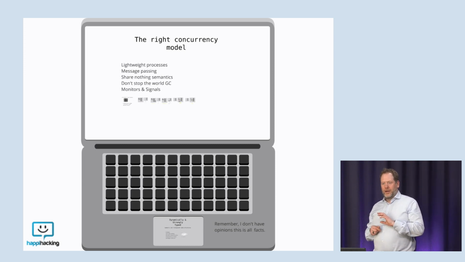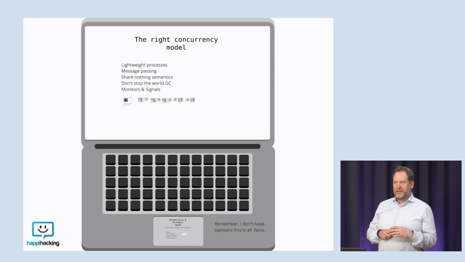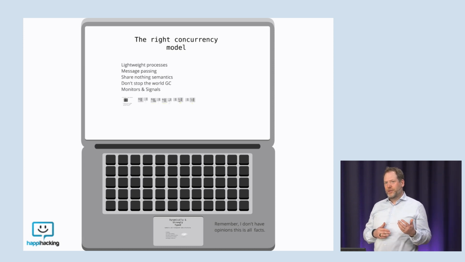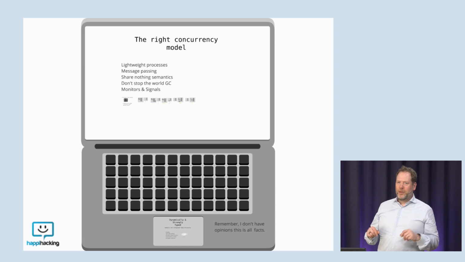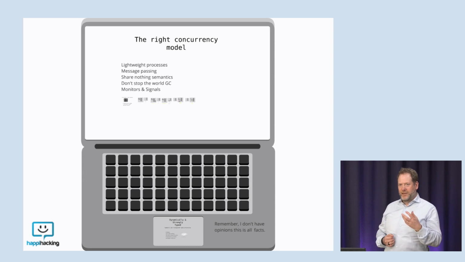So the concurrency model of Erlang is to have lightweight processes. A process has its own stack and heap. We'll look at that soon. And there's no shared memory. You can only communicate between processes with message passing, or actually through signals, and messages are a special type of signal.